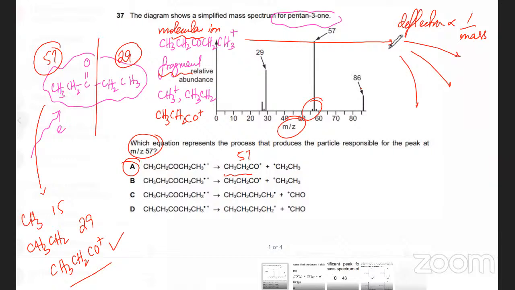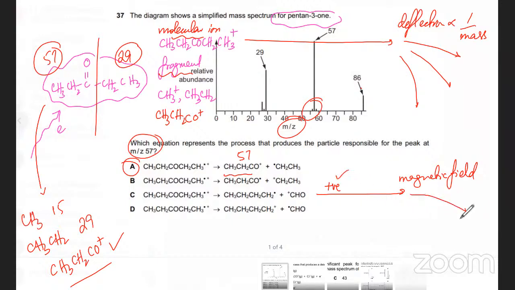But since they're exactly saying that the particle at 57 is being detected, any particle that gets detected on the mass spectrum should have a positive charge. Because in the mass spectrum, deflection is not possible for a neutral particle. Why do particles get deflected? Because positively charged particles enter a magnetic field. They would only get deflected if they have a charge.